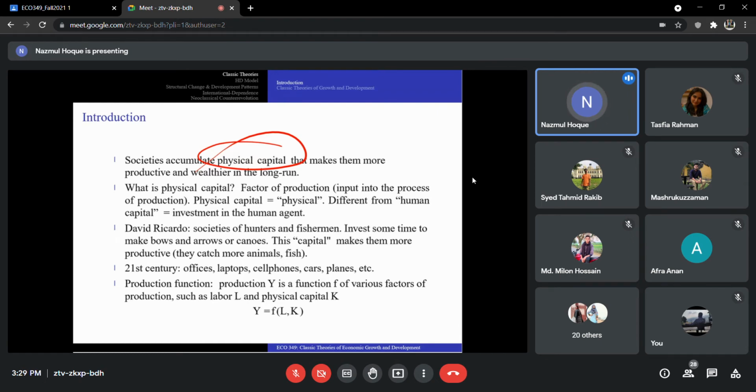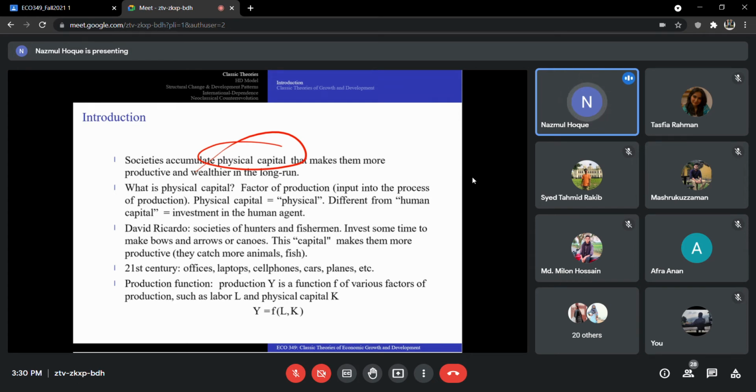The other option is they can separate some part of their time. Let's say they hunt or fish in the morning, and in the afternoon, around noon, they spend some time to make, for example, a boat or fishing net for fishermen. So they are separating some time to come up with capital equipment.